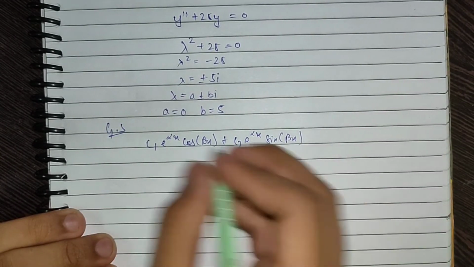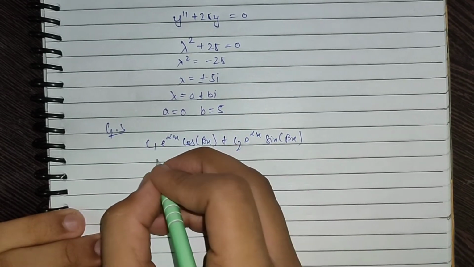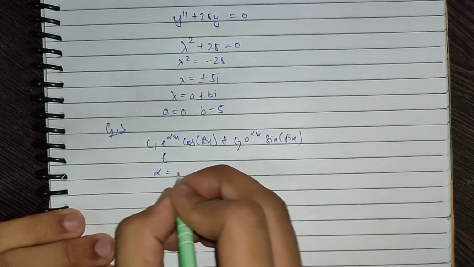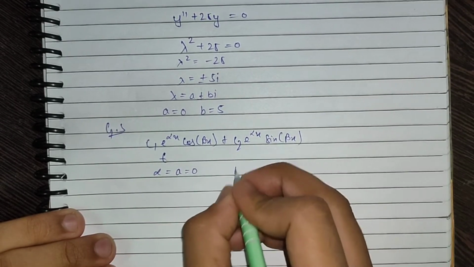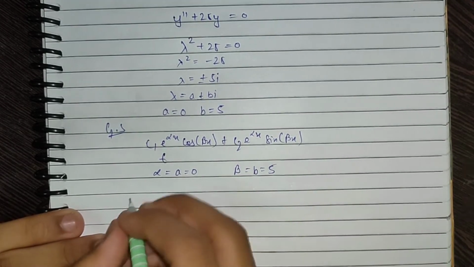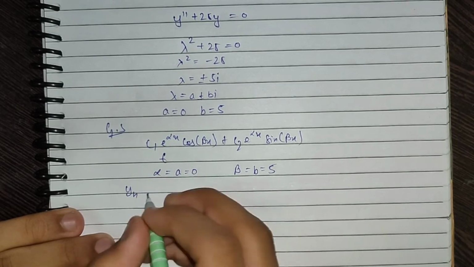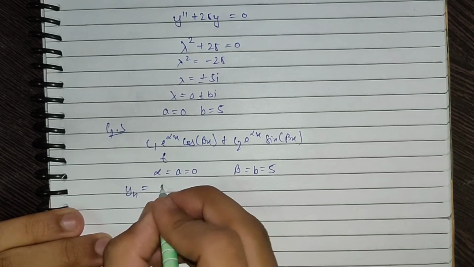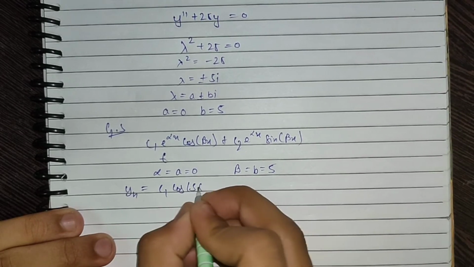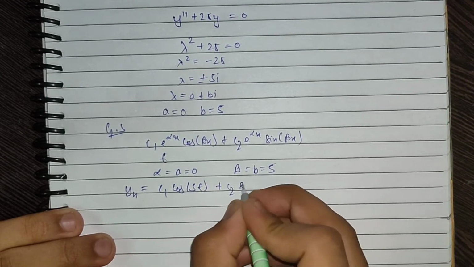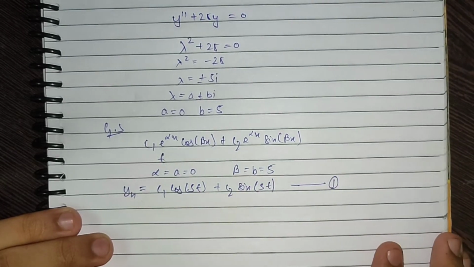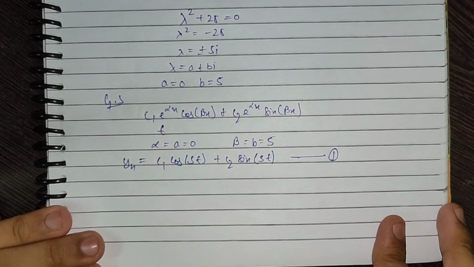Here we are dealing with time t, so we'll put t instead of x, and alpha here is a, which is 0, and beta is equal to b, which is 5. So let's write yh by putting these values. We'll get c1 cos 5t plus c2 sin 5t. I'm marking this as 1. This is our yh.